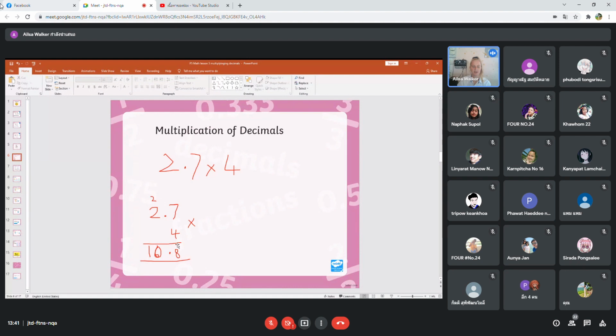Next, we do 2 multiplied by 4, which equals 8. Plus the 2, which is 10. Very good. And you need to be careful to put the decimal point back in place.